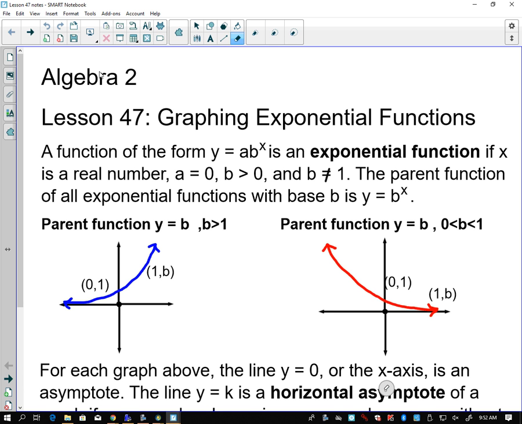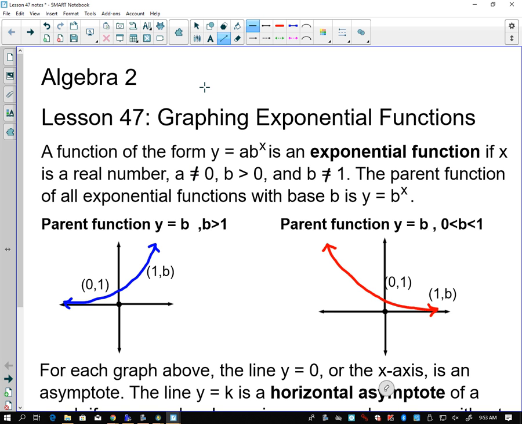So a function of the form y equals a times b to the x is an exponential function if x, meaning my exponent, is a real number. I want to make sure here, sometimes I go through and I see things that I forgot to do.